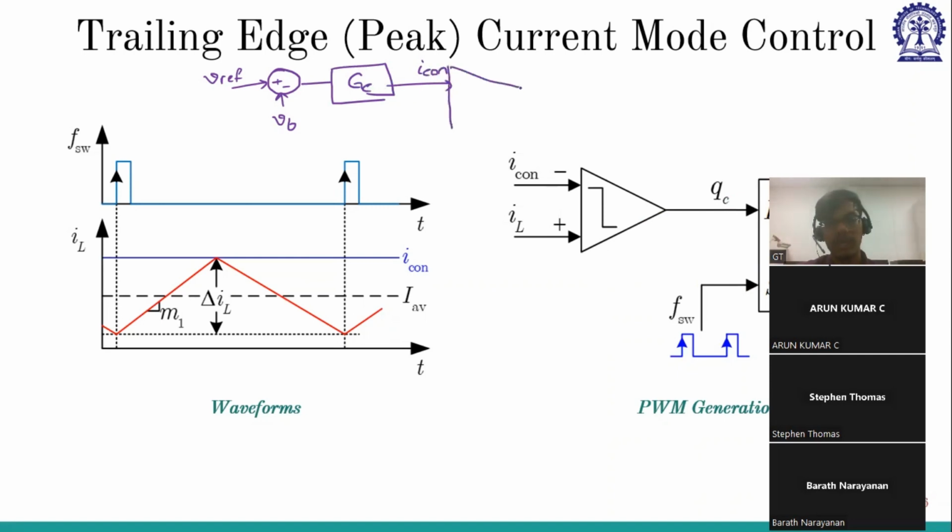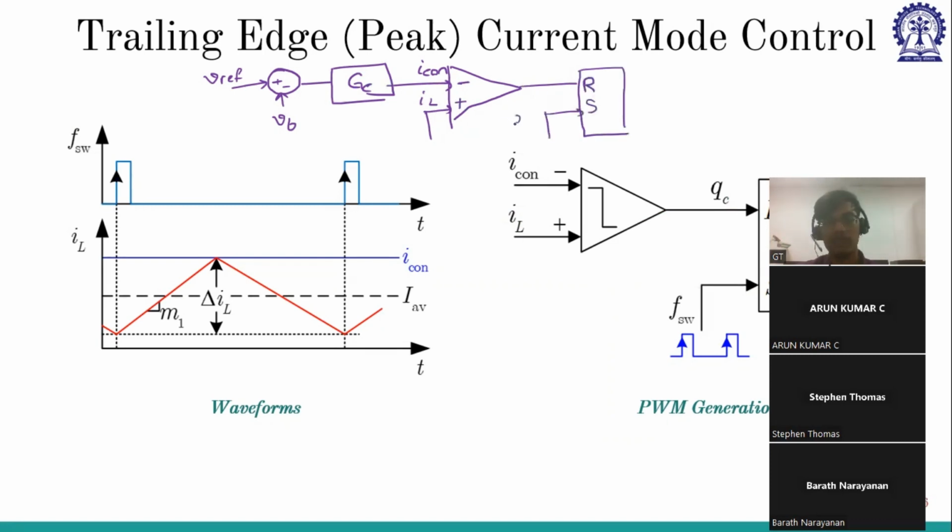Now this is being compared with IL. Previously in voltage mode control, this was not IL, it was the ramp. Now instead of the ramp, we are comparing it with the inductor current, which gives us the reset pulse.